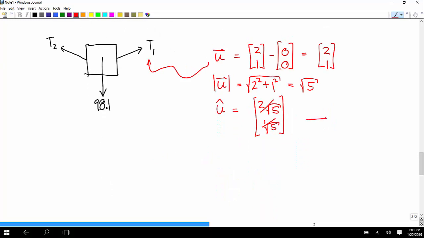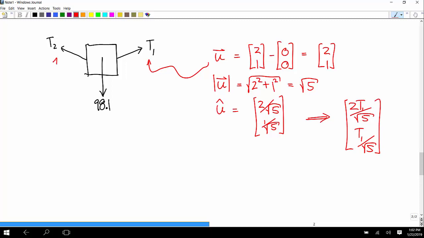And so the force vector, when we write it, is just going to be 2 T1 over root 5, and then 1 times T1 over root 5.